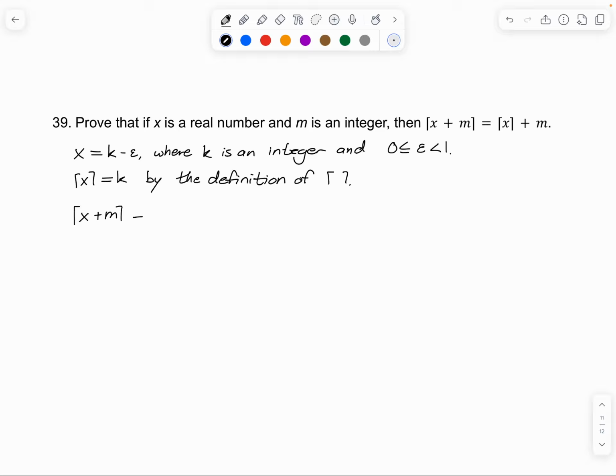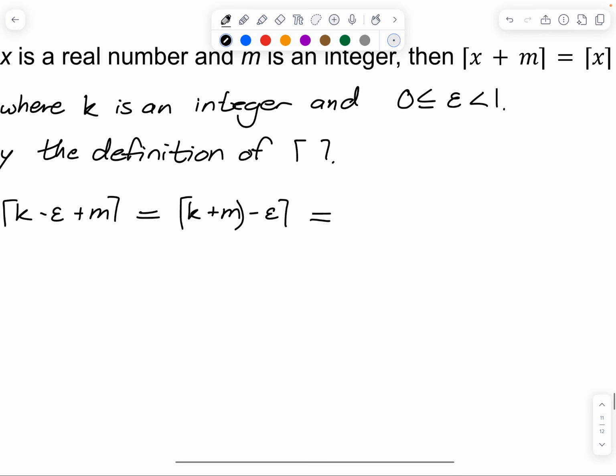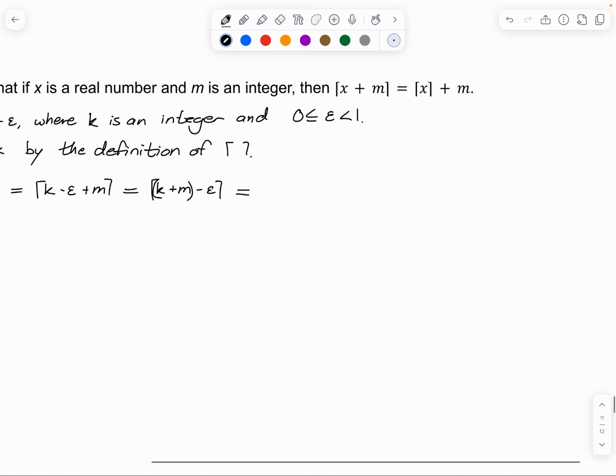Well, that's equal to k minus epsilon plus m. And it said m is an integer, so I'm going to put my integers together. K is an integer, m is an integer, epsilon is a little bit. So I could actually put parentheses right around here. That's an integer minus a little bit. Rounded up, we get k plus m.